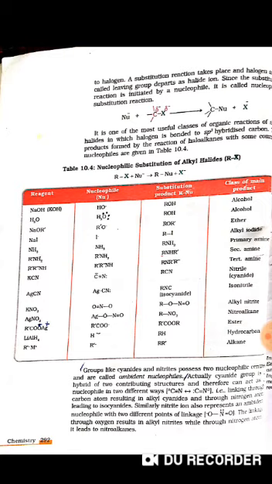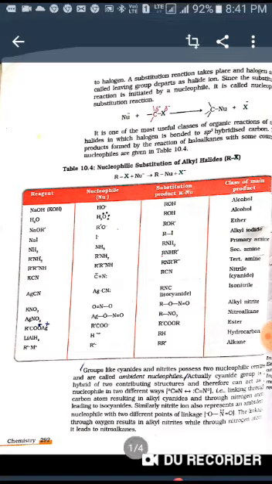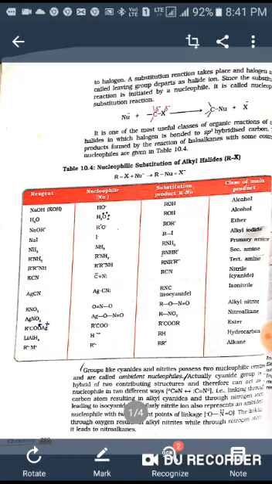This is the cause why with KCN we get RCN, whereas with AgCN we get RNC. In RCN, the CN negative is connected through carbon, whereas in RNC isocyanide the R is connected to the nitrogen side.